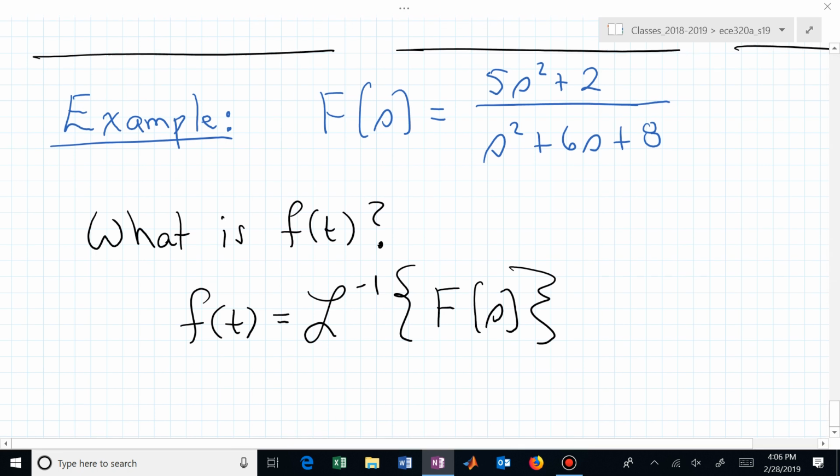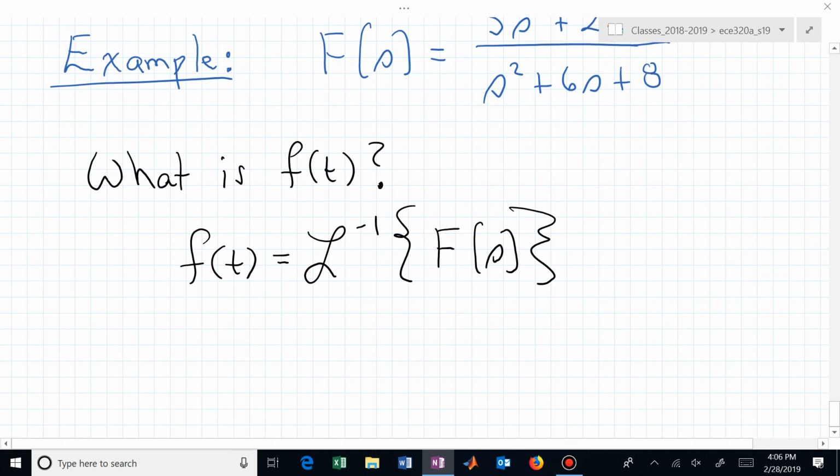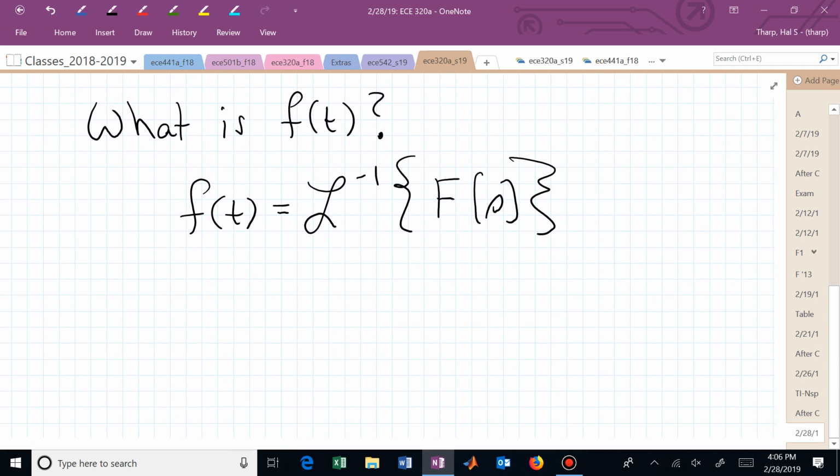What's the first question you need to ask when you are confronted with a transform expression and you're asked to find its inverse? You need to walk into that restaurant, don't you? Yes, it needs to be proper, improper, or strictly proper? Strictly, doesn't it? So now we ask the question, is capital F of s strictly proper?